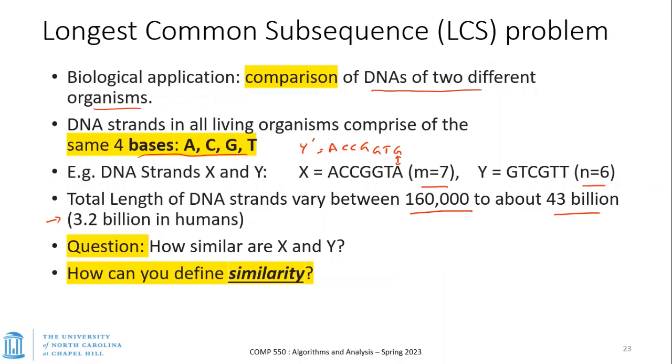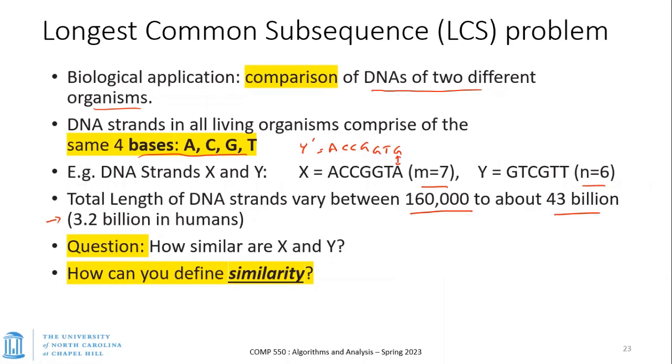You need a quantification of that. You need to be able to use a number to say whether X and Y are more similar, or X and Y prime. I need some kind of number, maybe an integer, which can describe the similarity or difference between them.